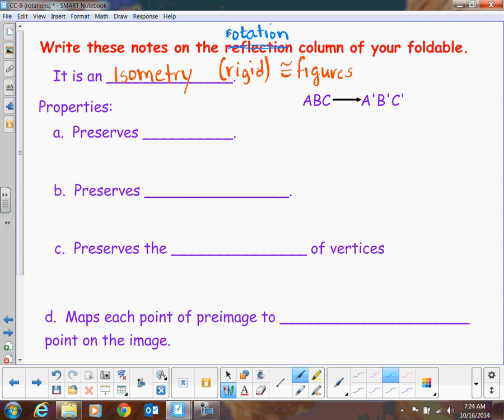Okay, isometry means it's a rigid transformation, which means it keeps you with congruent figures. And because it's an isometry, and if you look back at the other two, it preserves length. It preserves angle measure. Rotations preserve orientation. Which one switched orientation?